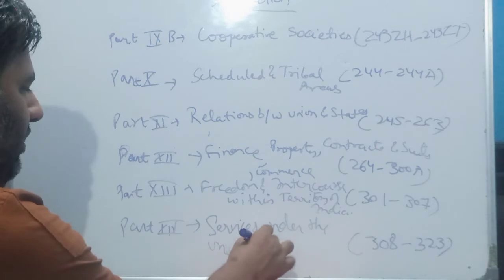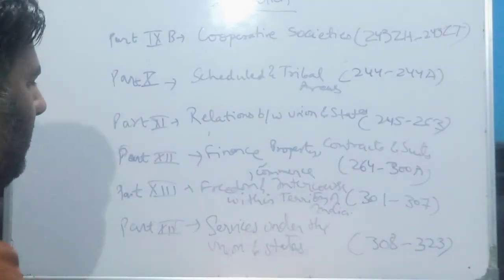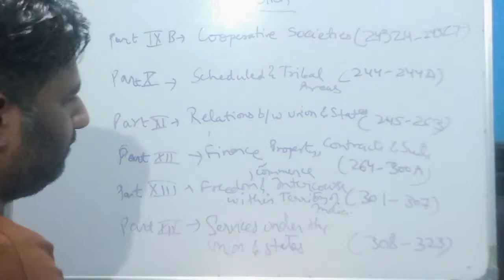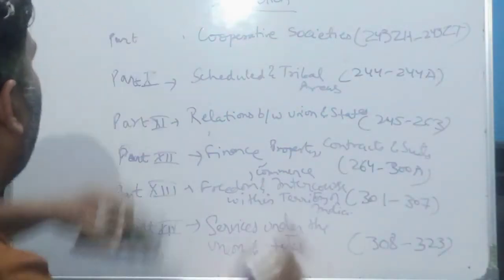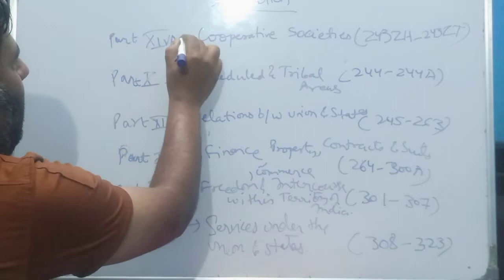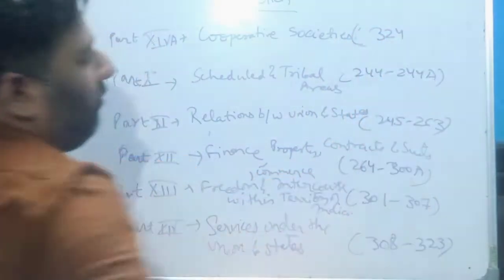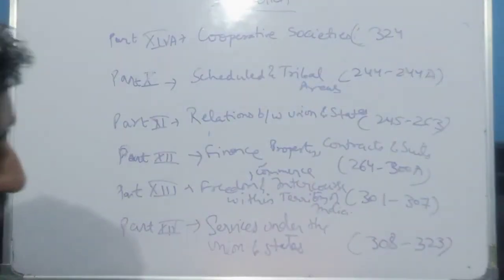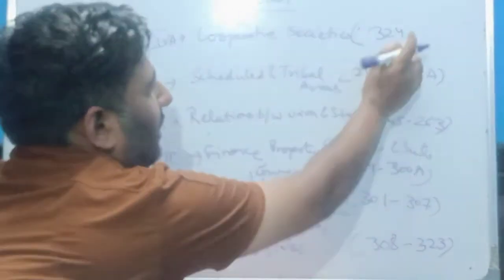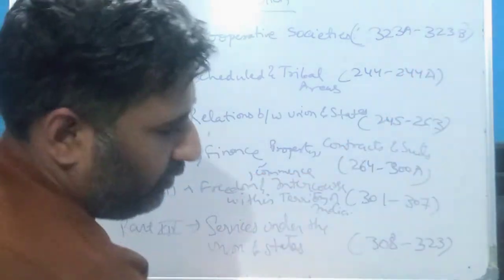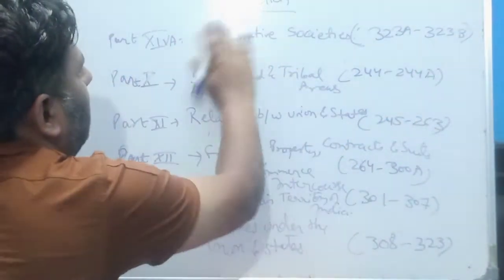Then part 14th A, which is 323A to 323B, which is tribunals.